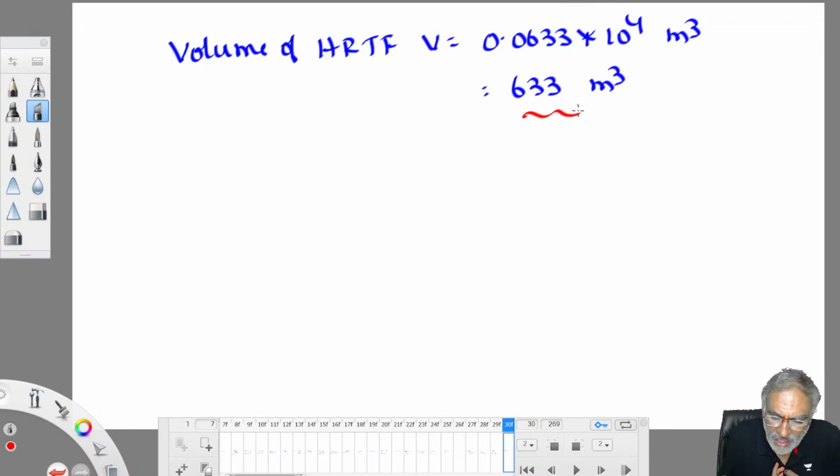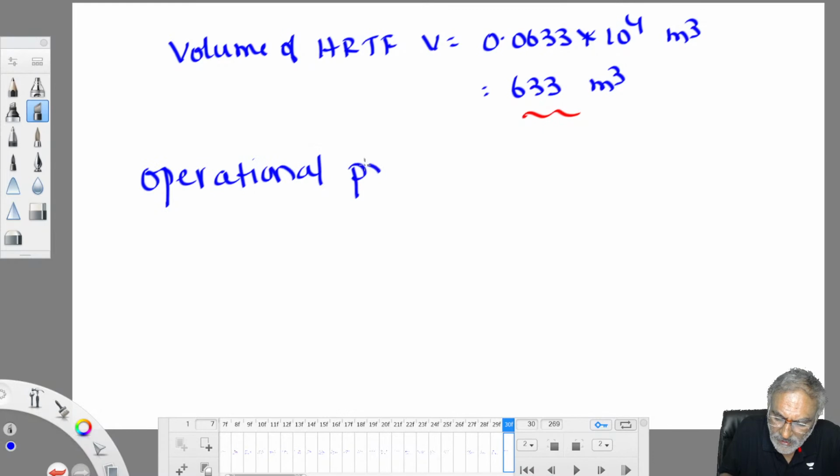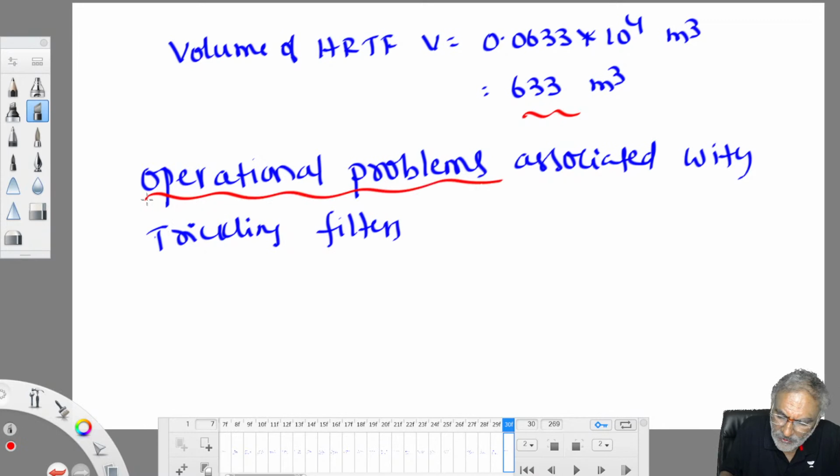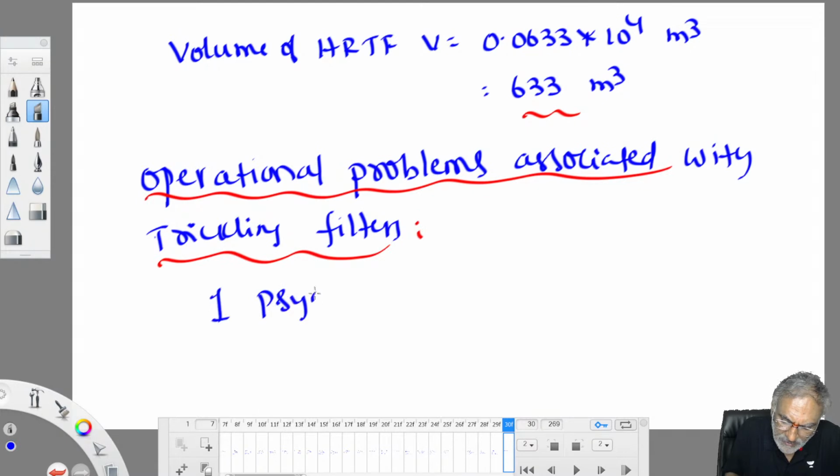There are some operational problems also associated with trickling filter. One is called the Psychoda problem. This is also a very popular question in competitive exams. The second one is the ponding problem.